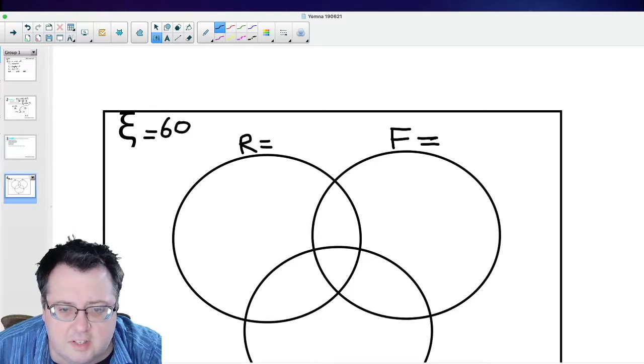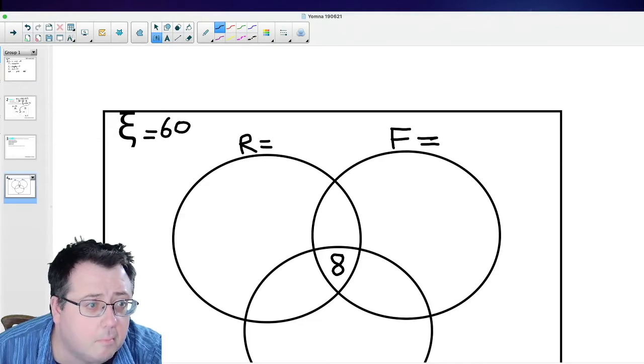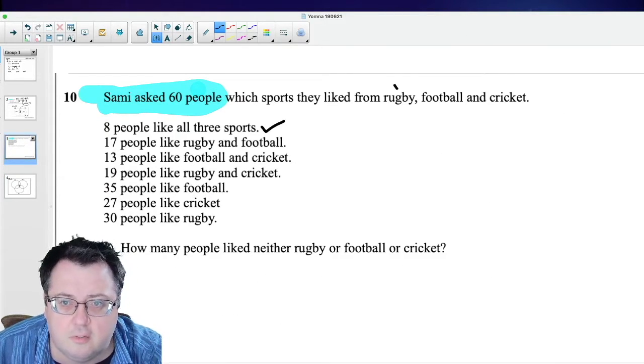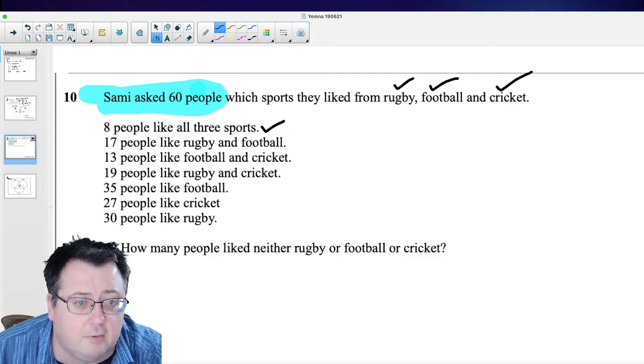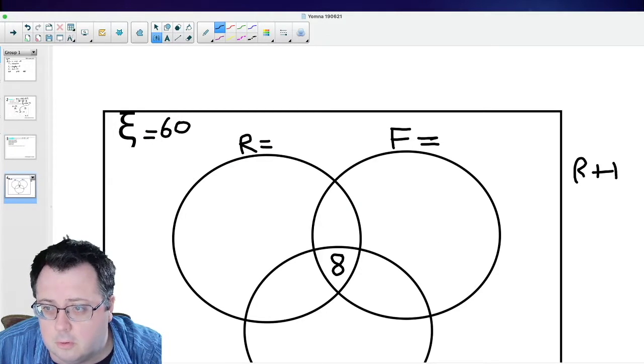So that means in the middle here is the number 8. Okay? So I'm ticking off bits that I've done. 17 people like rugby and football. So I need to put the side here. Rugby plus football is 17.